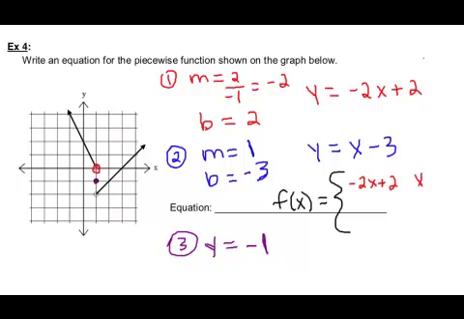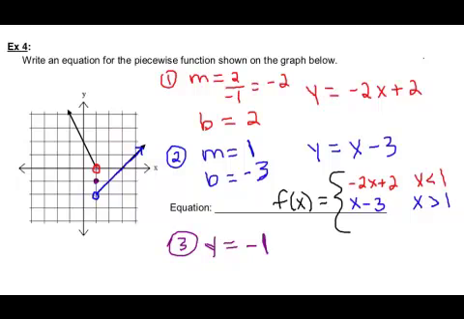So our boundary is going to be x is less than 1. For our second function, we have again an open circle at positive 1, and our graph is going to the right. So our equation is x minus 3, and our boundary is x is greater than 1. Again, it's not "or equal to" because it's an open circle. And our graph is going to the right, so that's what makes it greater than.